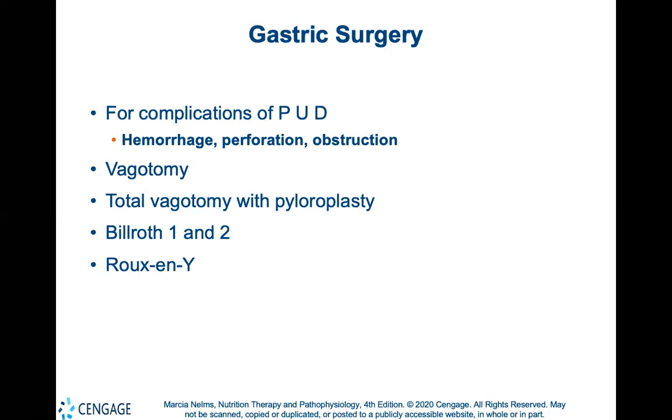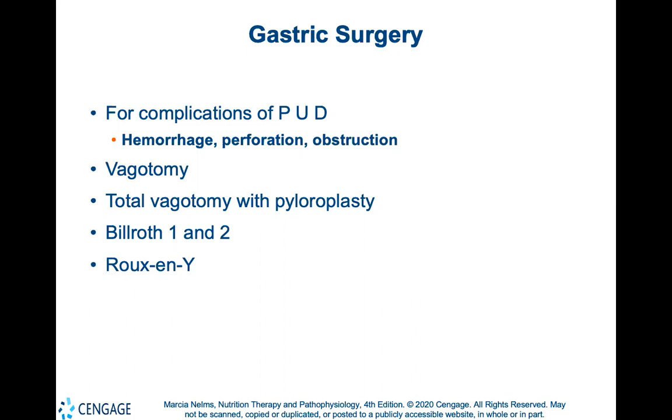When peptic ulcer disease does not respond adequately to medical treatment, or when patients experience a complication of peptic ulcer disease, surgery is often the next step. Vagotomy is to eliminate the cholinergic stimulation of the stomach.